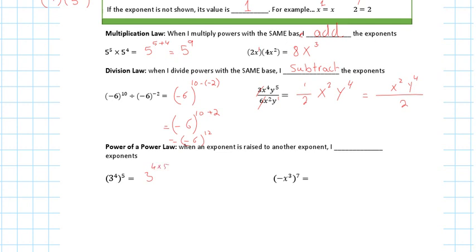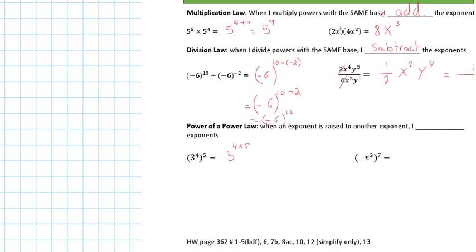I want to show you something. Why is that? This is the same thing as if I have 3 to the power of 4 times 3 to the power of 4 times 3 to the power of 4 times 3 to the power of 4 times another 3 to the power of 4. Now what I have here is multiplication, same base, so I add the exponent. So I have 4 plus 4 plus 4 plus 4 plus 4. You're adding 4, 5 times.